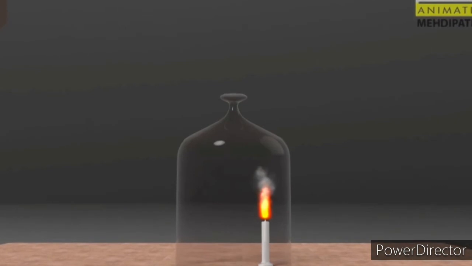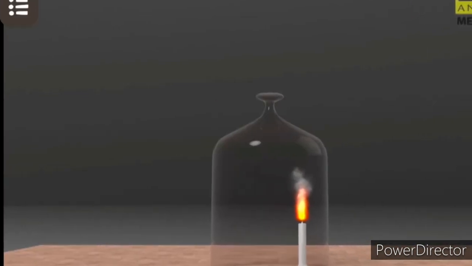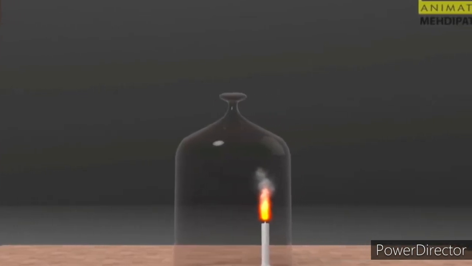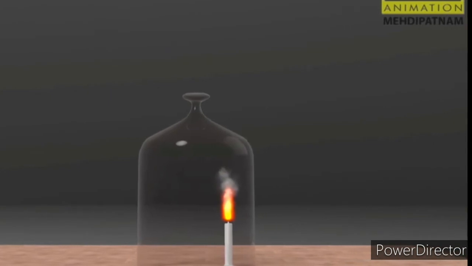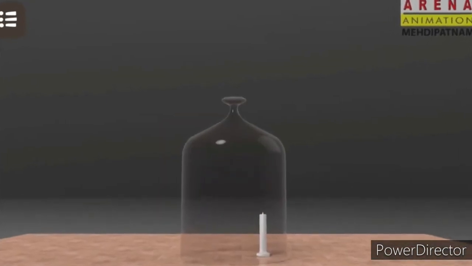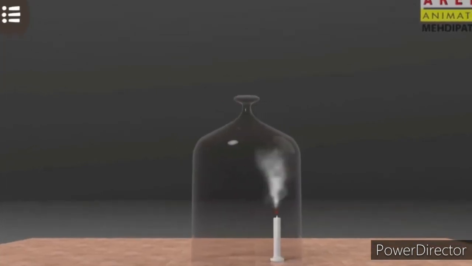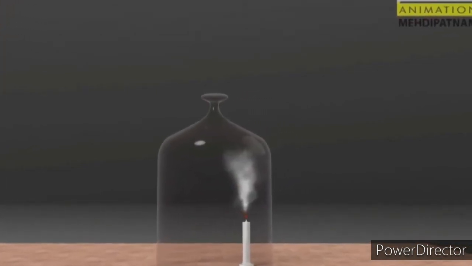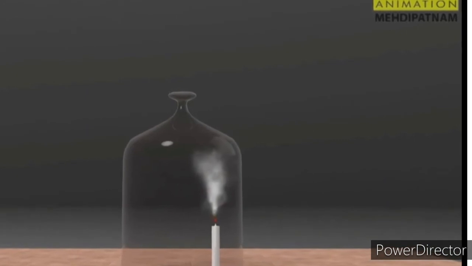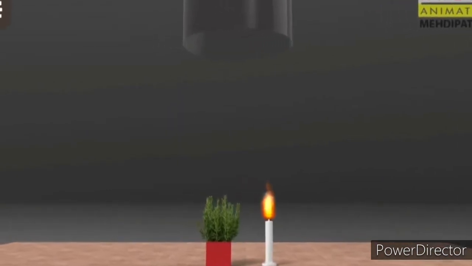Priestley observed that a candle burning in a closed bell jar, after some time, soon gets extinguished. It means the candle soon puts off. You can observe this in the picture.